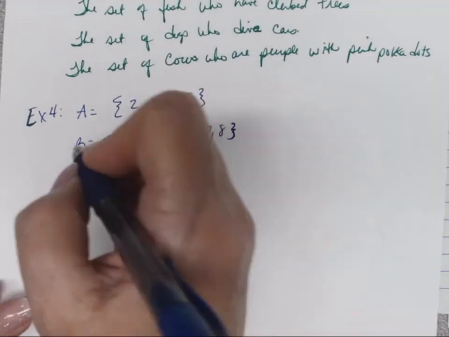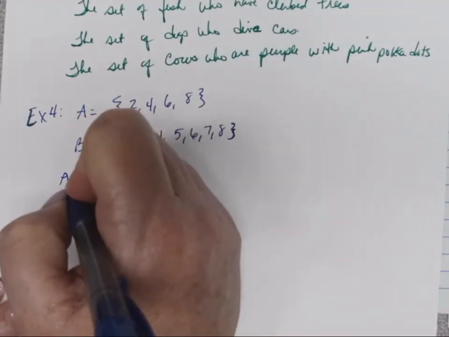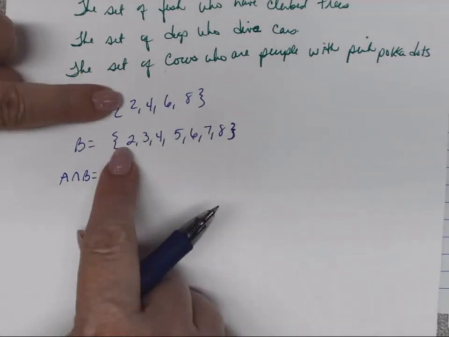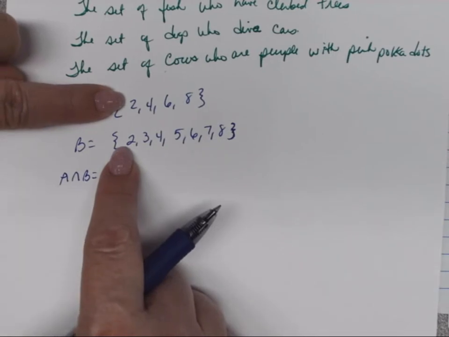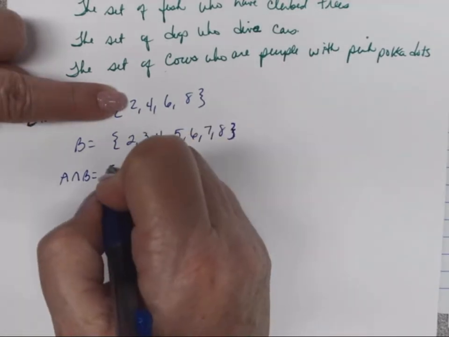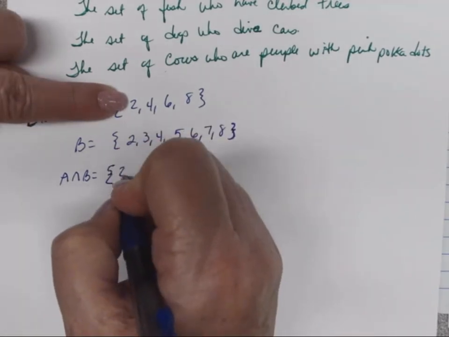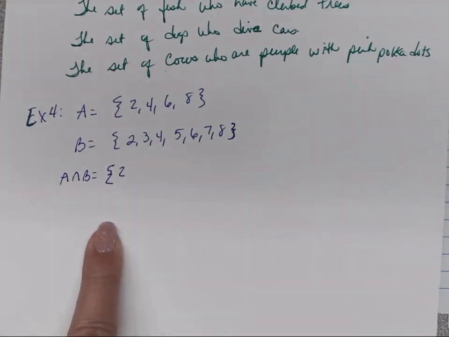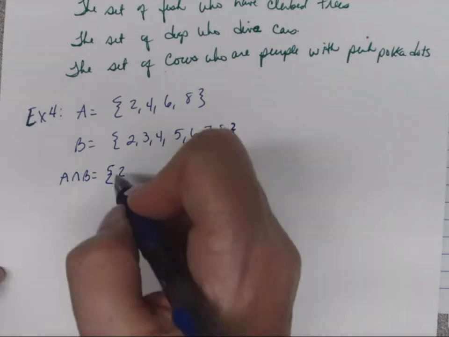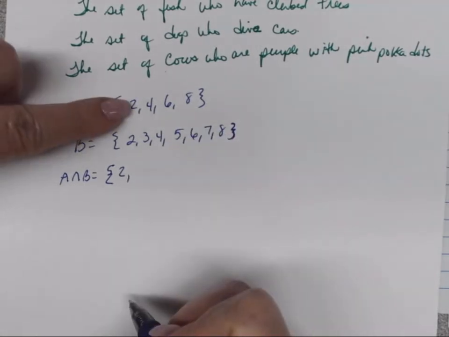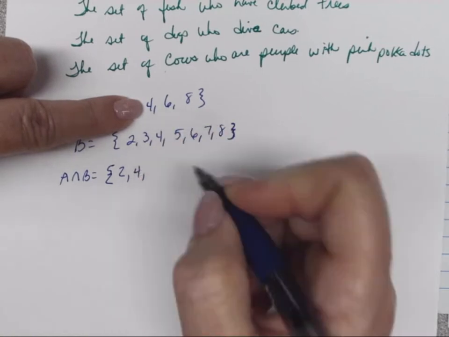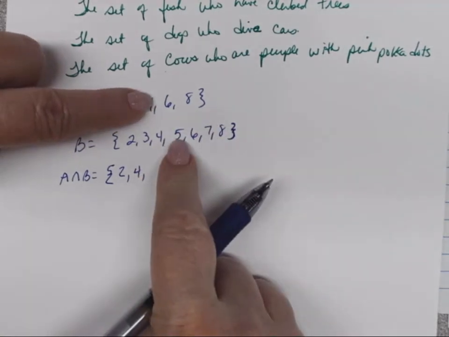So if we're looking at A intersect with B, I'm just looking at what they have in common. I can start out with my list of numbers. Well, they both have 2, so I'm going to make my curly bracket. Never write parentheses when you're writing a curly bracket. It needs to be a curly bracket. So I have 2. And then they don't both have 3, but they both have 4. They don't both have 5, but they both have 6.